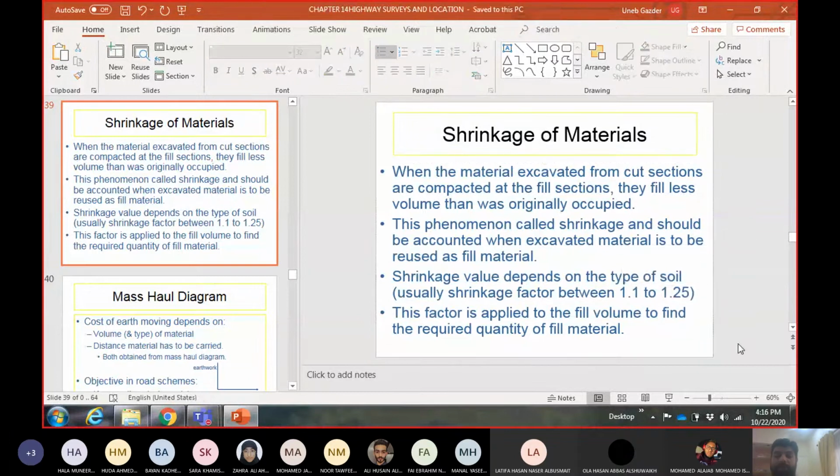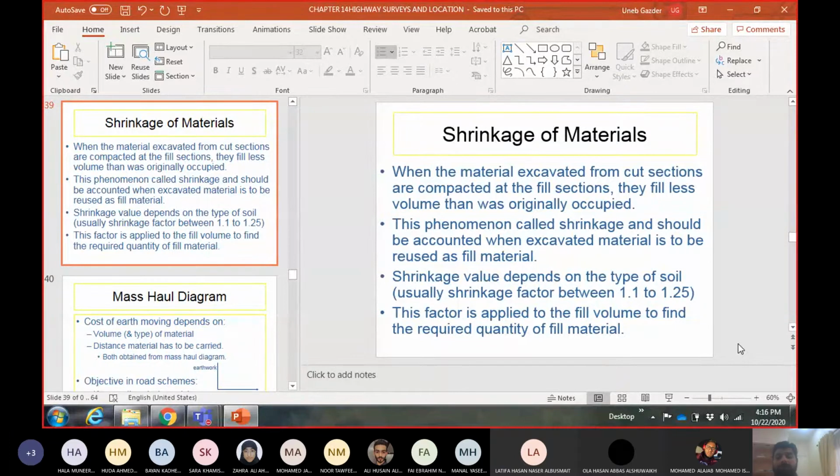So if I say my shrinkage factor is 1.25, that means I am asking for 25% extra quantity of material. Now, how do I decide what my shrinkage factor should be? The shrinkage factor depends upon the quality of the material which you are bringing to the site for filling, the quality of soil, because this loose material is in most cases aggregates and natural soil.